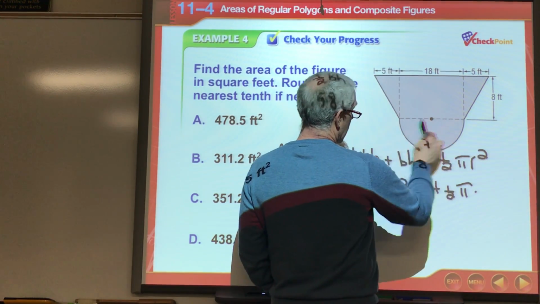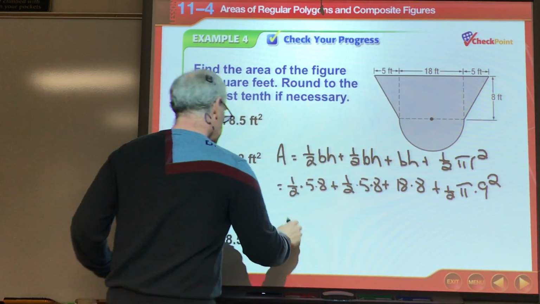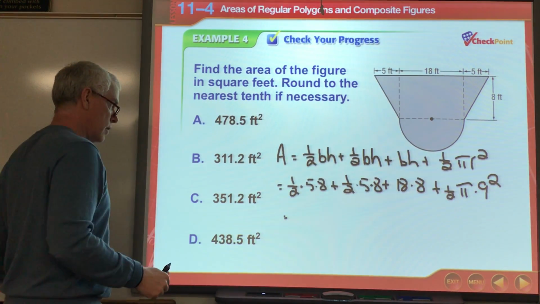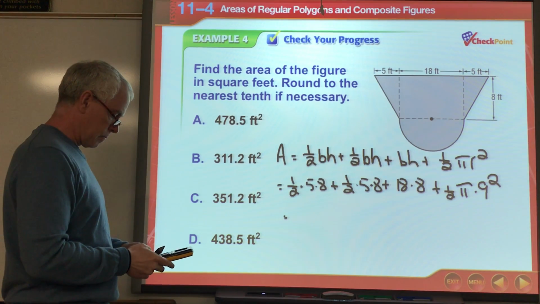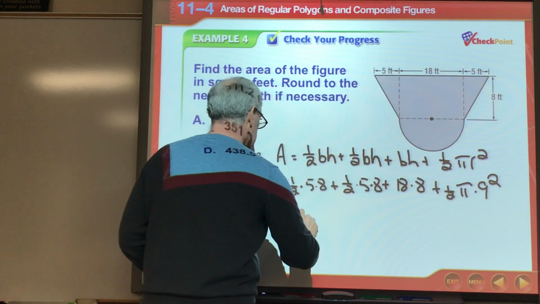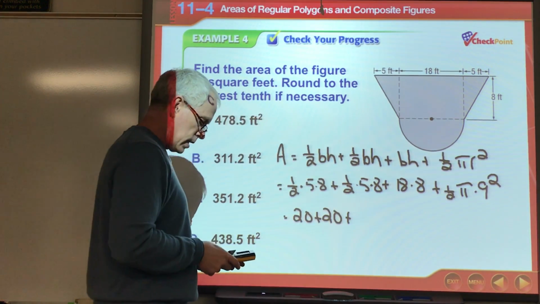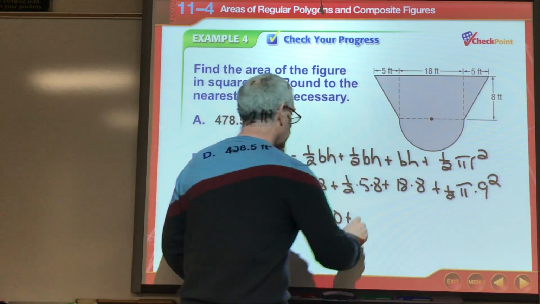The radius here, if the diameter is 18, the radius is 9. Okay? So then let's work out the pieces here. Half of 5 times 8, okay, is 20. So I've got 20 plus 20. 18 times 8 is 144.